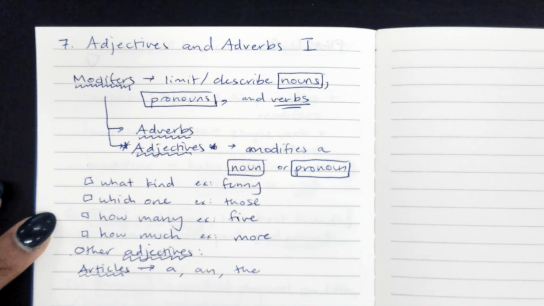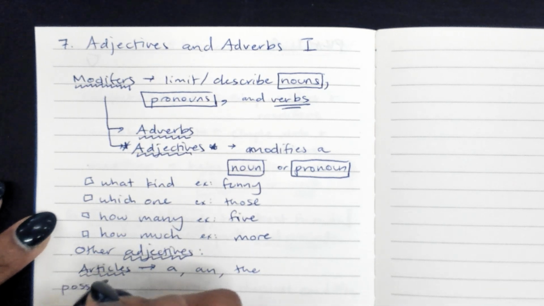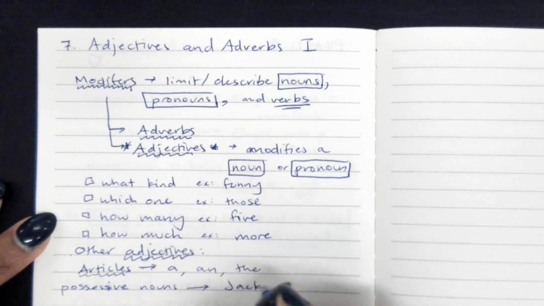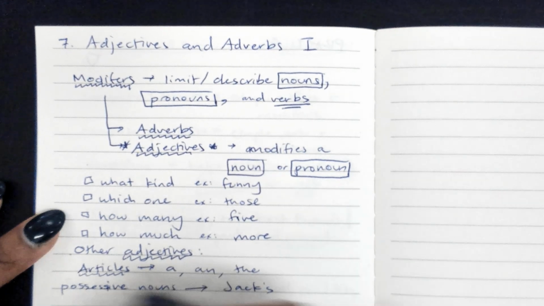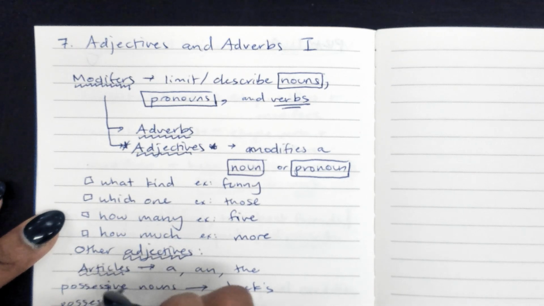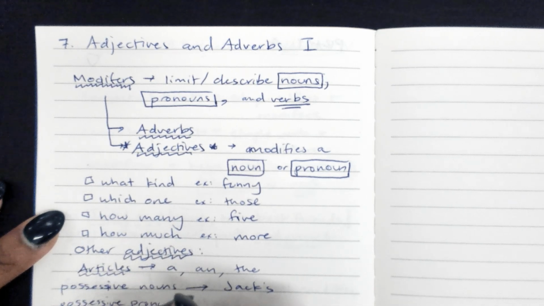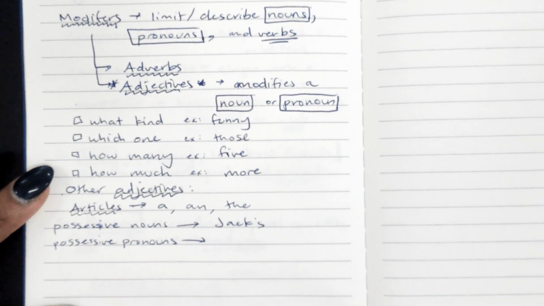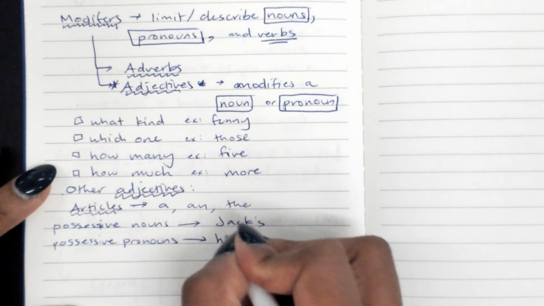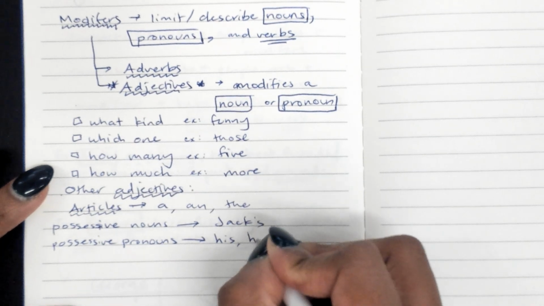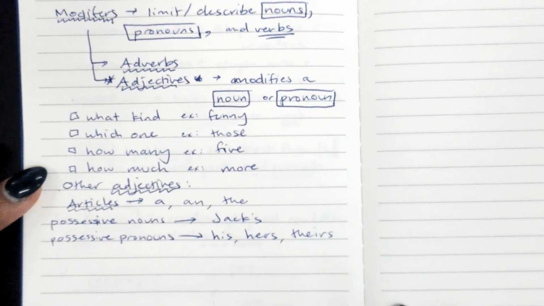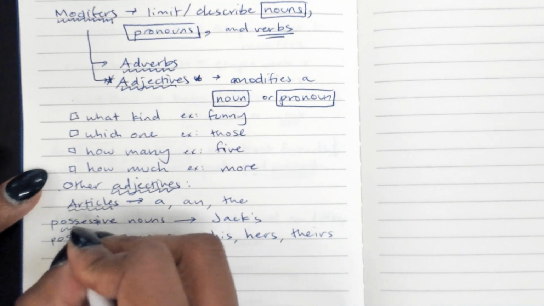In addition, possessive nouns, such as Jack's, and possessive pronouns, such as his, hers, and theirs, may also be grouped with adjectives because they describe nouns.